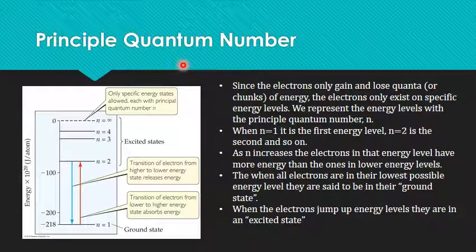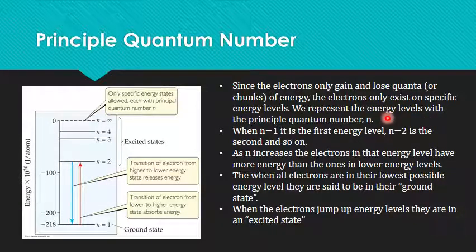Alright, after Bohr figured out that atoms have these specific energy levels, there's more research done by a number of scientists, and more information was found out about these energy levels. So they found that since electrons only gain and lose quanta, or specific chunks of energy, the electrons only exist in specific energy levels.